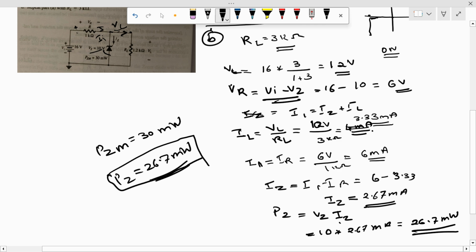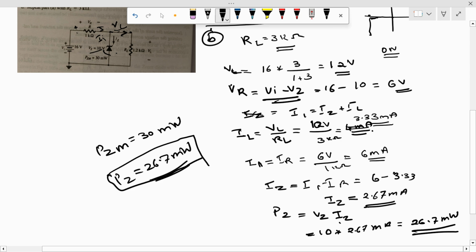So that's how we proceed. We have to first check whether our diode is in the correct bias. In order to do that, just omit the Zener diode and proceed with the voltage divider rule, and we will get the voltage across it. Then we got it at 12 volt.